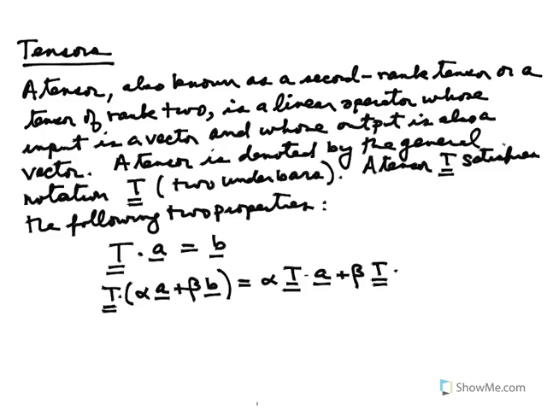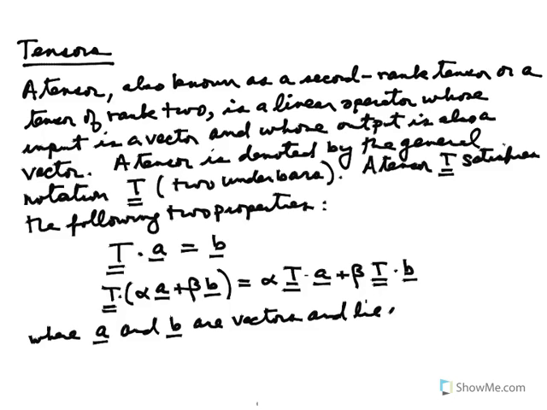This second one is linearity. Here A and B are vectors and lie in three-dimensional Euclidean space, and alpha and beta are scalars.